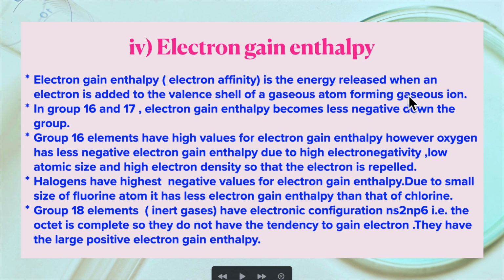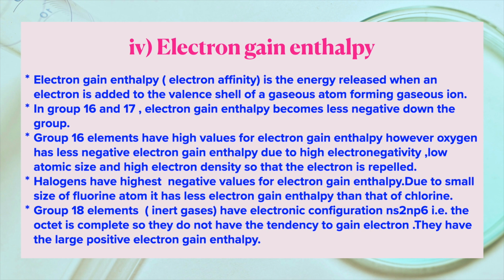Now remember that when we consider ionization enthalpy, the electron is removed from the outermost shell, and so energy is required because that electron is attracted by the nucleus, and therefore ionization enthalpy is always positive.